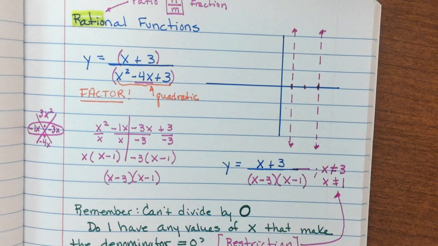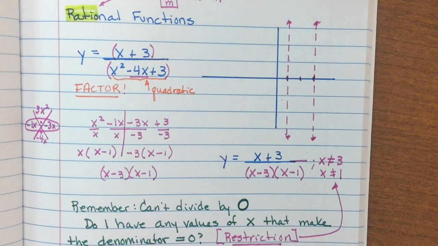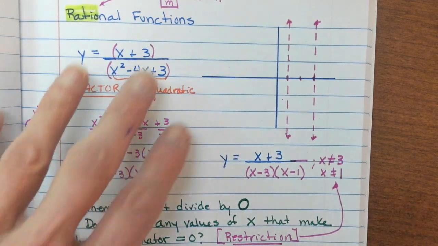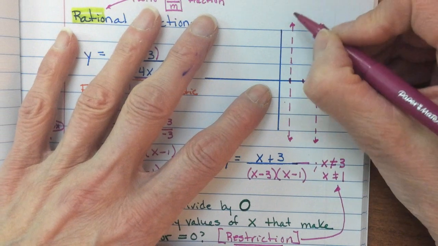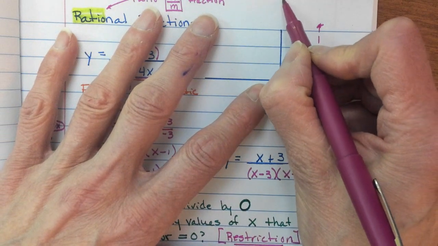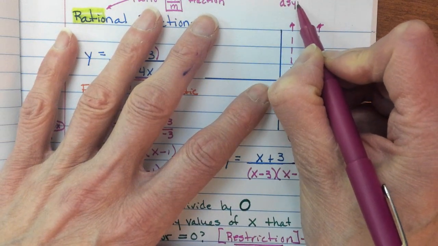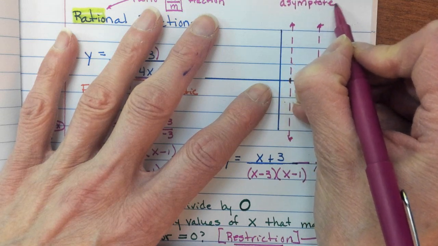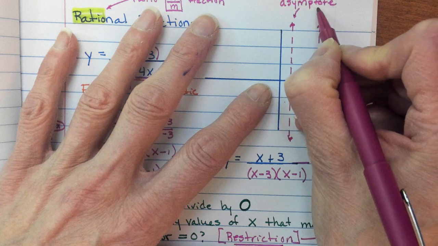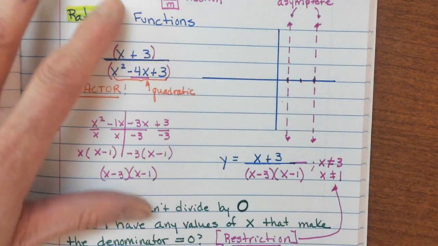And then I also have a vertical line here. And those vertical lines, or those absolute restrictions like that, are called asymptotes. So I'm also going to label this asymptote. So I have an asymptote there, and I have an asymptote there.